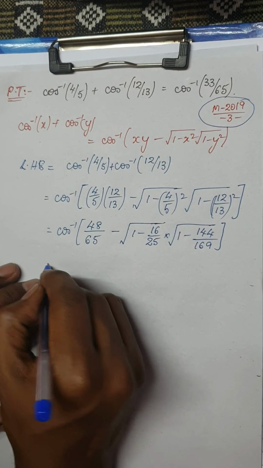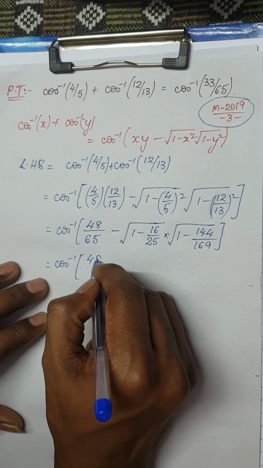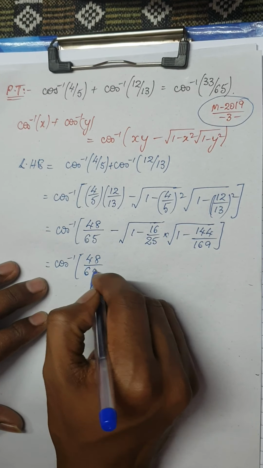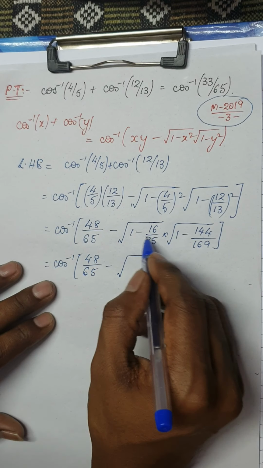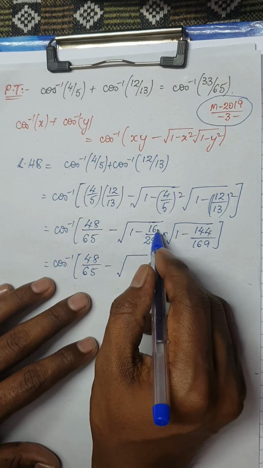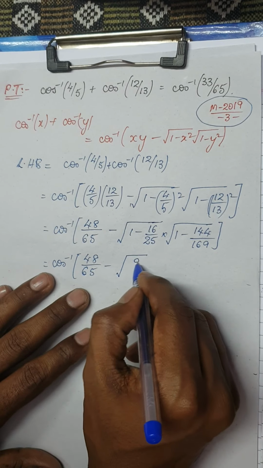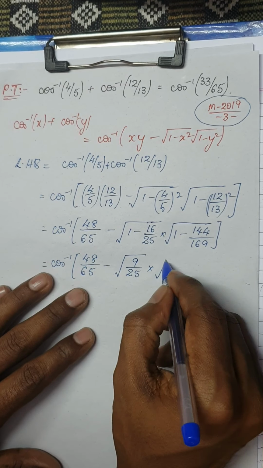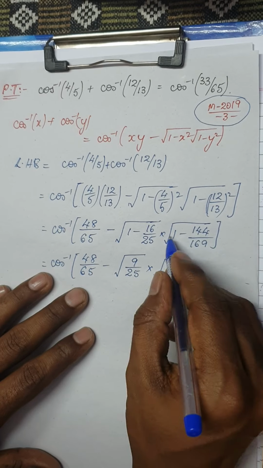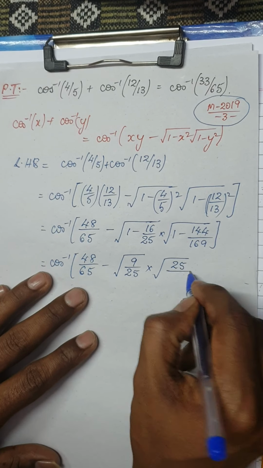These are just simplifications which you would easily know. So keep the first term as it is: 48 by 65 minus root of, taking the LCM, 25 minus 16 over 25, which gives 9 over 25, into root of 169 minus 144 over 169, which gives 25 over 169.